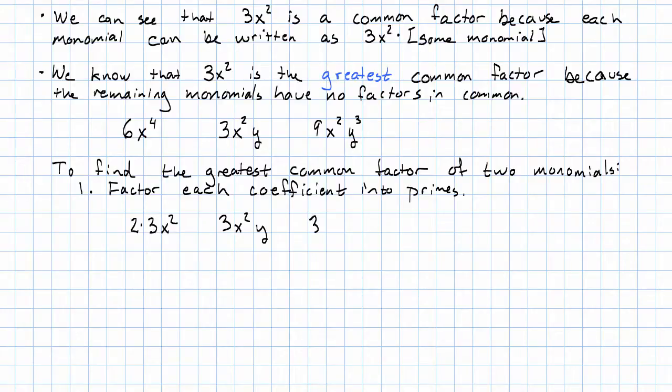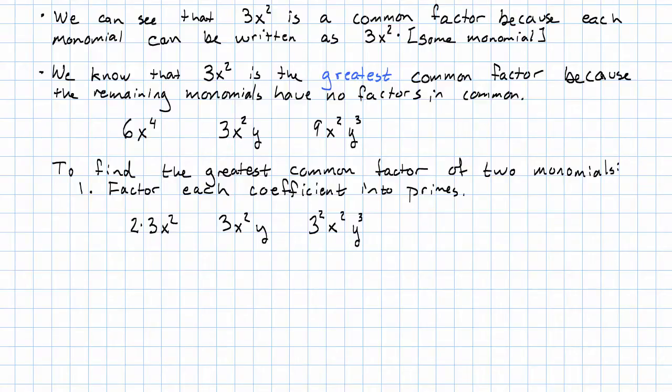And 9, that's 3 squared. Right, 3 times 3. So 2 copies of the number 3 multiplied together. Okay. And now we can tell just by looking what the greatest common factor is.